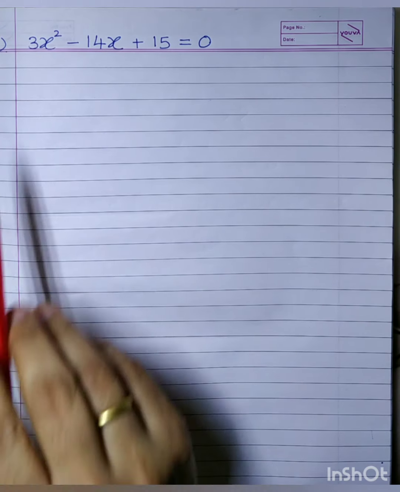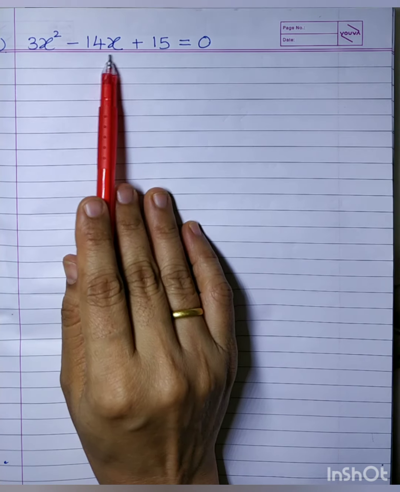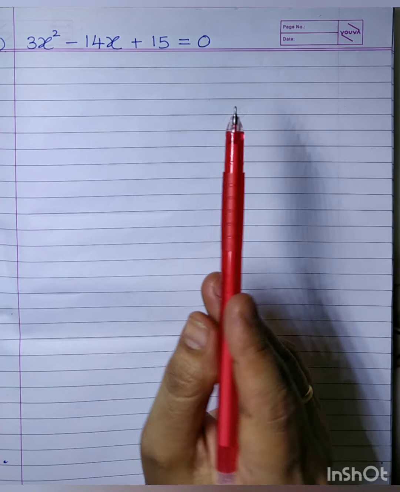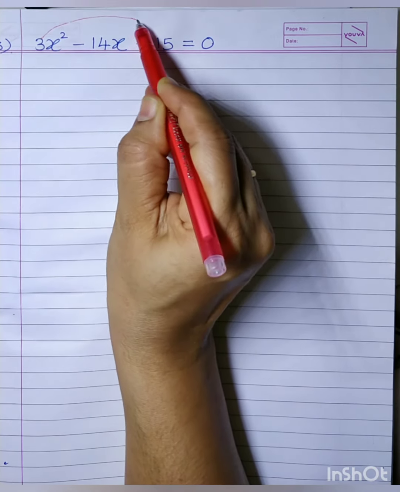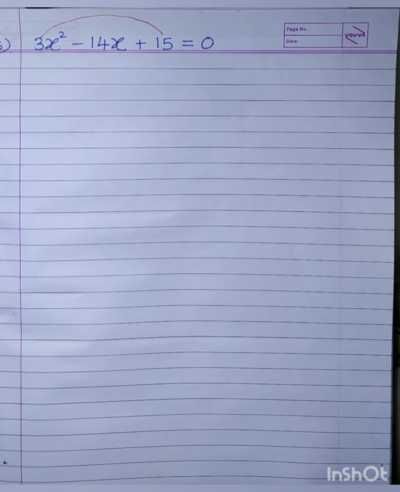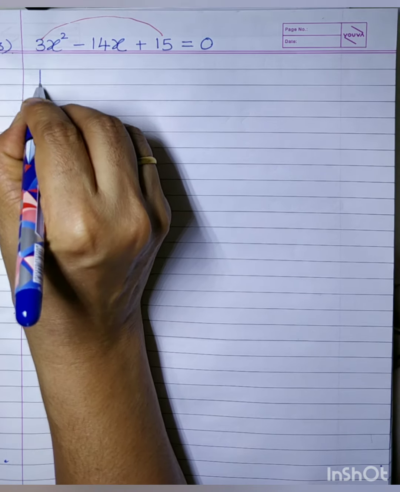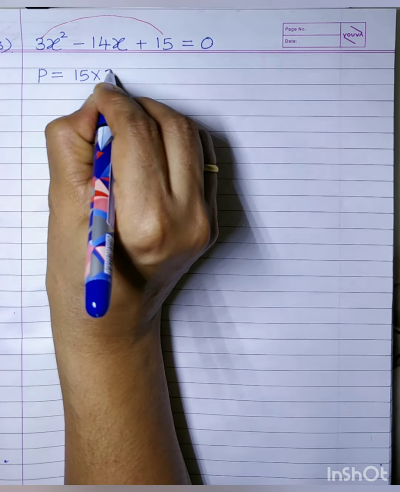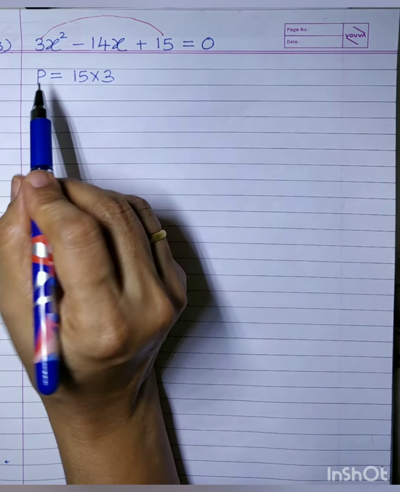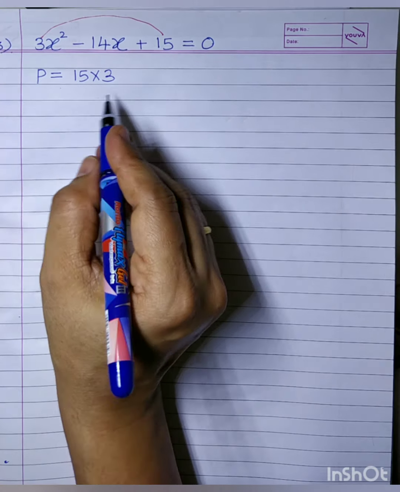Example, 3x square minus 14x plus 15 is equal to 0. Coefficient of x square 3 into 15. Okay. So what is the product here? 15 into 3, right? Product is positive. Okay.